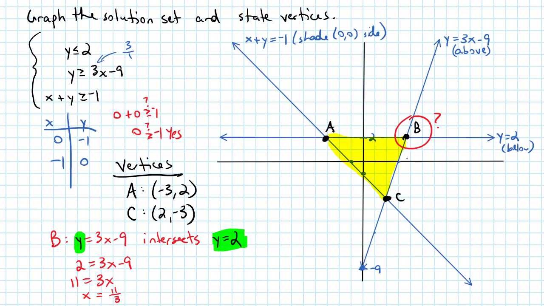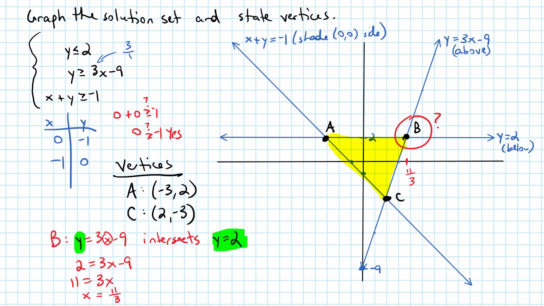And if you look at the x-coordinate of this, well, it's 3 and 2/3. That makes perfect sense. But we still need the y-coordinate for B. So to get the y-coordinate, just like when we solve systems of equations, now we're going to take the x value and we can plug it back into this equation or to this equation. Now, it doesn't matter which one you do, you're going to get the same answer.